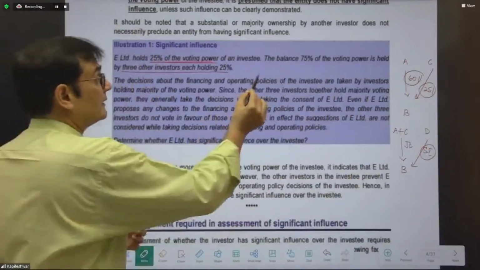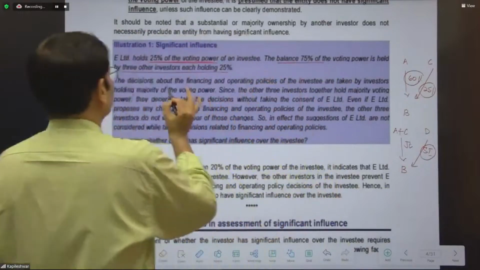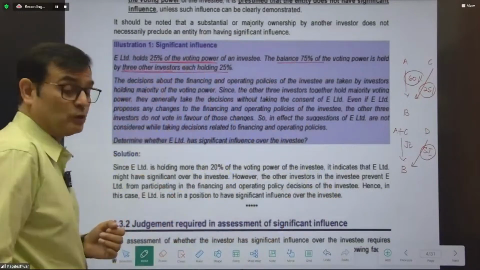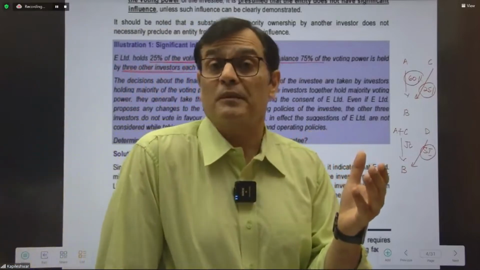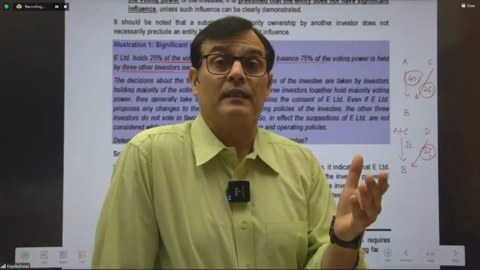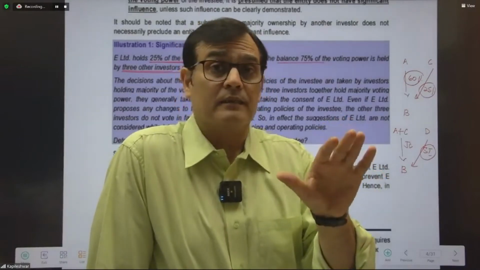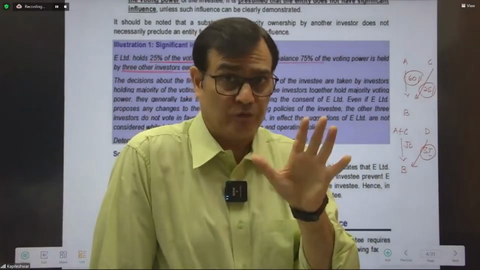So when it says that the balance 75% is held by 3 other investors with 25% each, maybe you could see that those 3 investors may be having a joint control over that company, but that doesn't mean that another investor cannot have a significant influence.